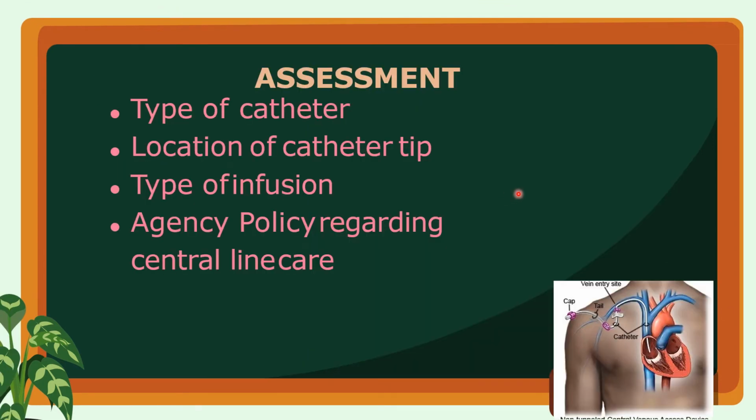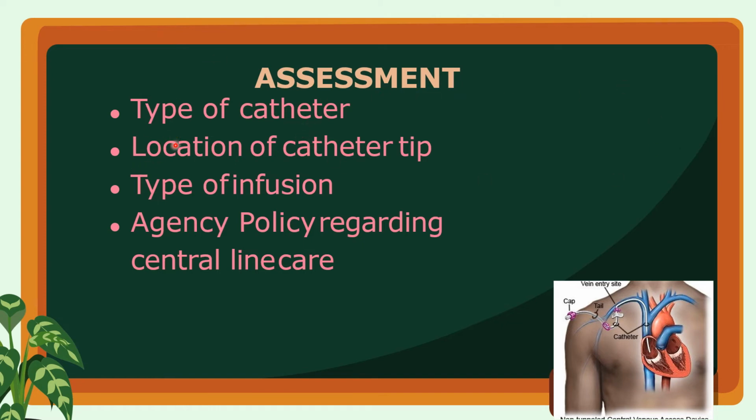So, future nurses, you have to remember that in performing any procedure on your patient, it is important to use your nursing process. And the very first step of your nursing process is to do assessment. For this particular procedure, it is important to assess the following.